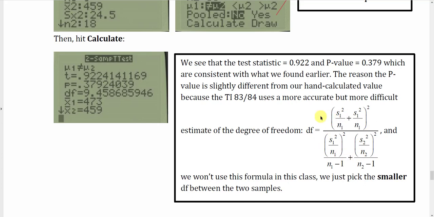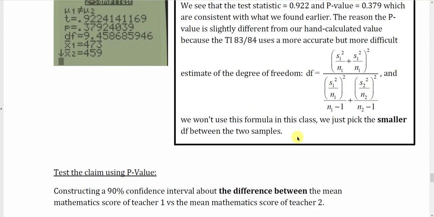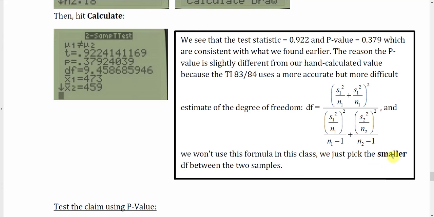We do not use this complicated formula. But the TI-83 or 84 uses a more accurate formula. That's why they give a little bit different result for the p-value. But picking the smaller value of the two samples for the degree of freedom is good enough. The difference is not huge.